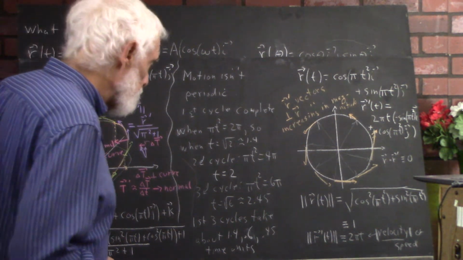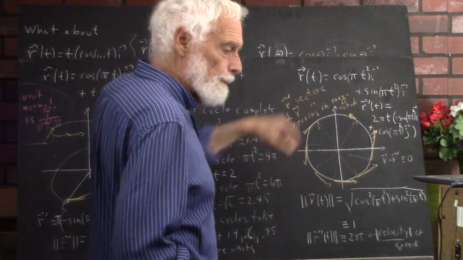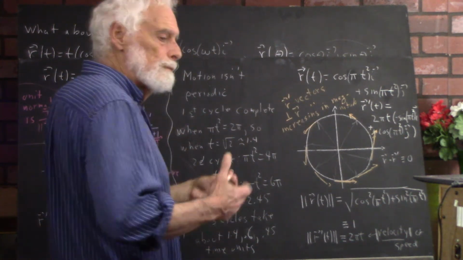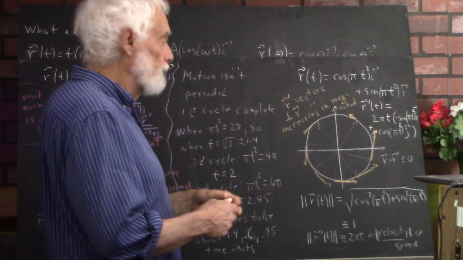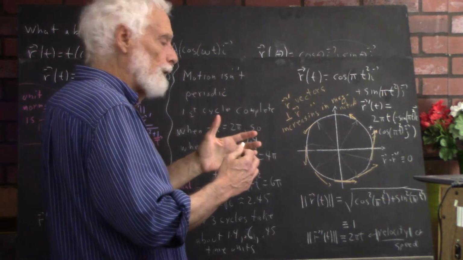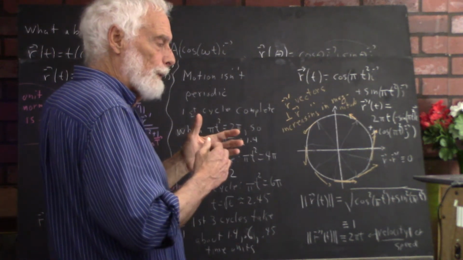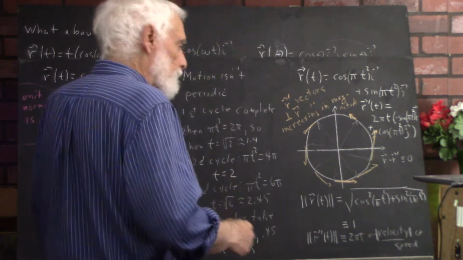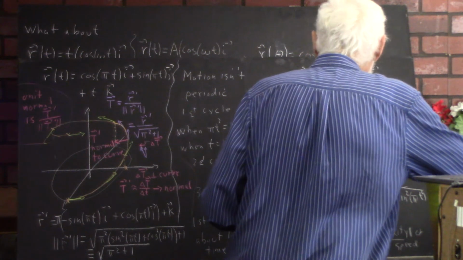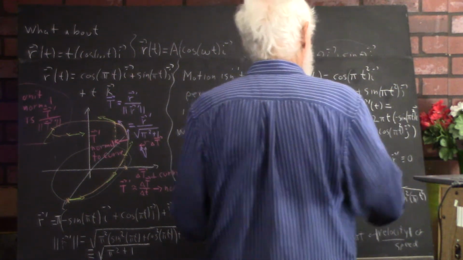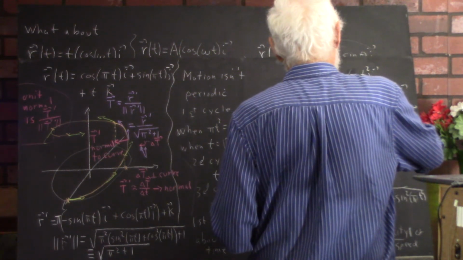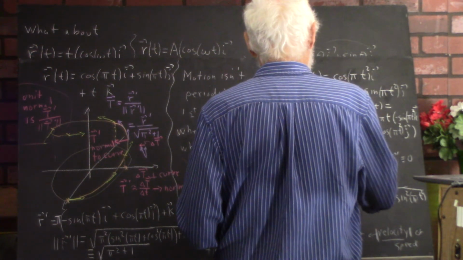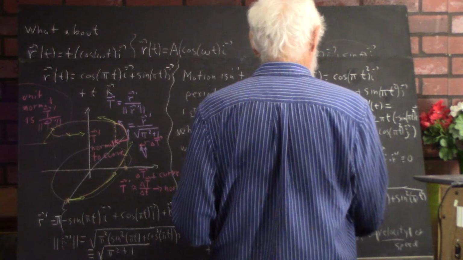The velocity vectors do this. The unit tangent vectors, though, each unit tangent vector is the velocity vector divided by its magnitude, which brings it down to a unit vector. So we have unit tangent vectors that maybe look like this.